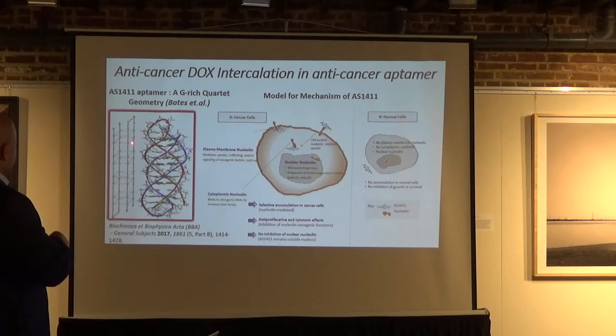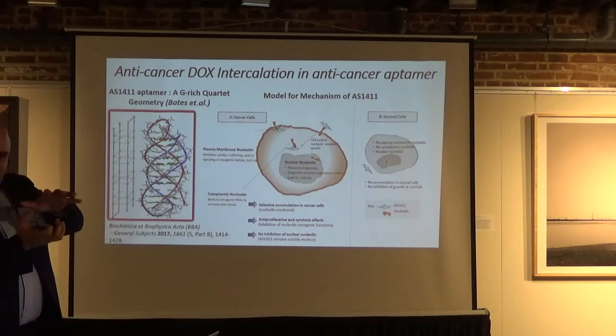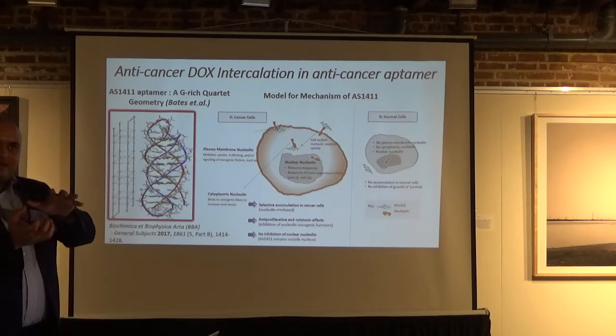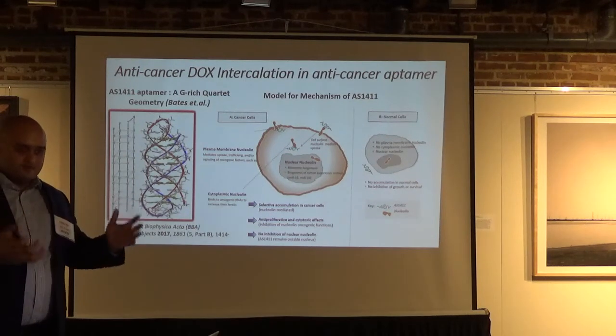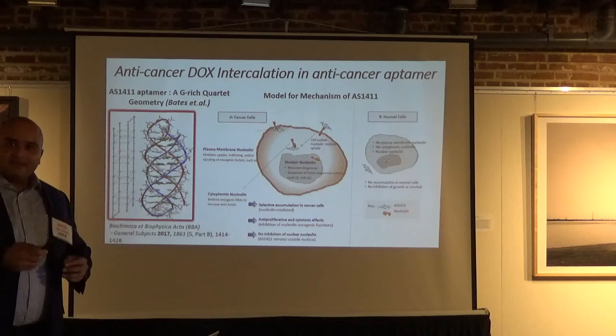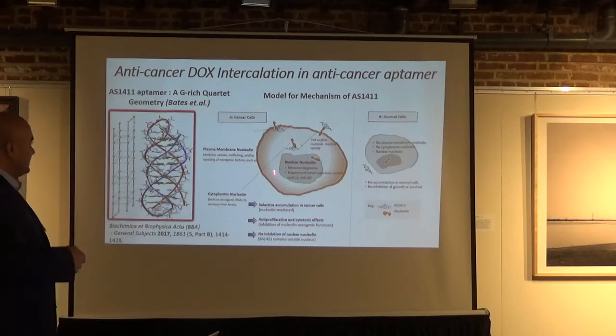It has a G-quadruplex structure. G is guanine. It's a 26-base-long sequence that we use, and it creates a compact aptamer, and it has anti-cancer properties. By anti-cancer properties, I mean it binds something called cytoplasmic nucleolin.